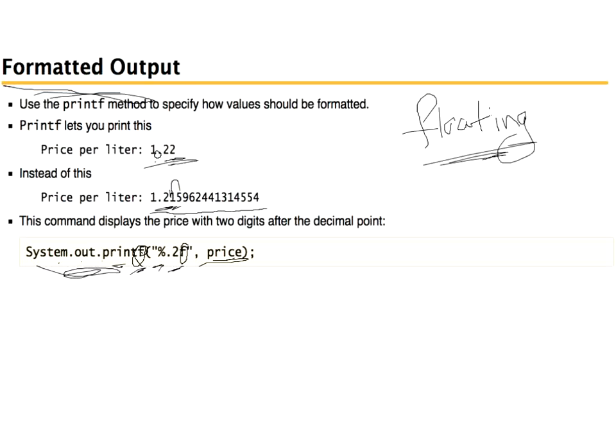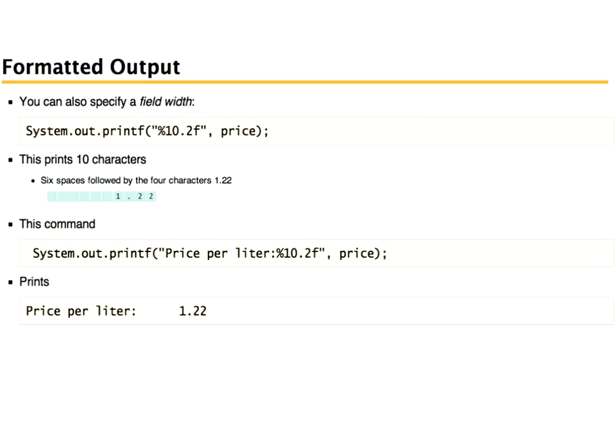Then you put the price, which is the variable. Now you can format in different ways. If you put 10.2f price, it'll reserve 10 places for you.